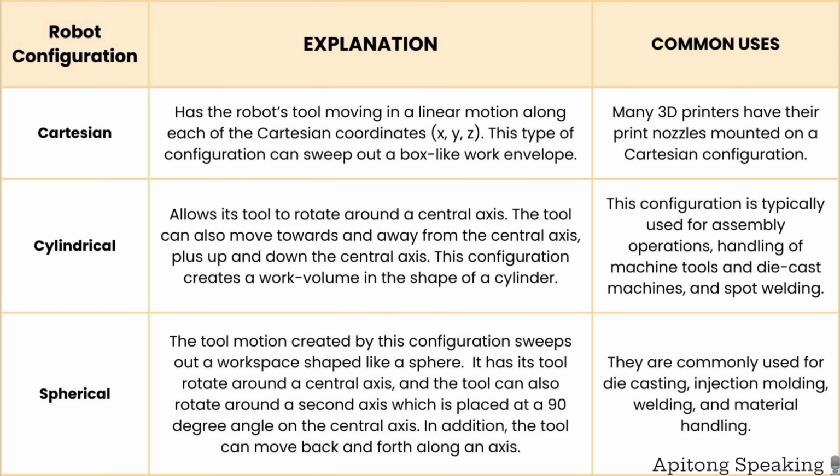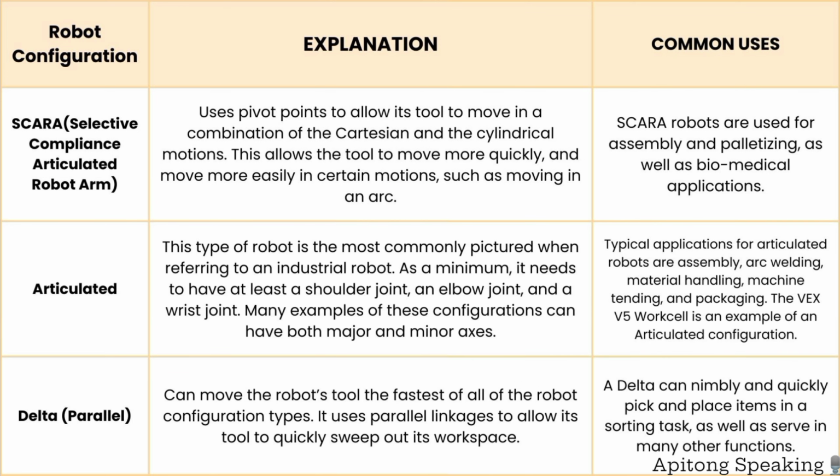In addition, the tool can move back and forth along an axis. For the common uses of a spherical robot configuration, they are commonly used for die casting, injection molding, welding, and material handling.